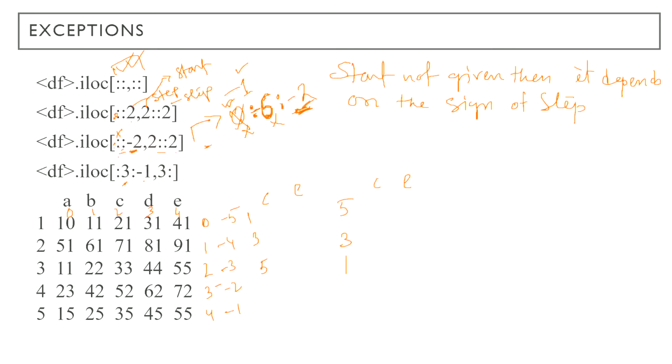Positive 3 is here. This is the third position and this is the fourth position. And we are starting from -1. So we'll go till 3. So 3 will not come in the output because 3 is the stop value. So only what will come? 5 will come. And column D and E will come because it is starting from 3.